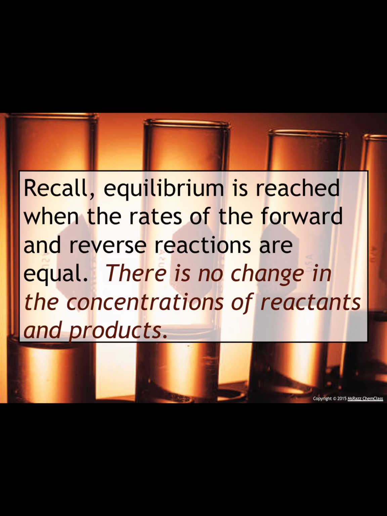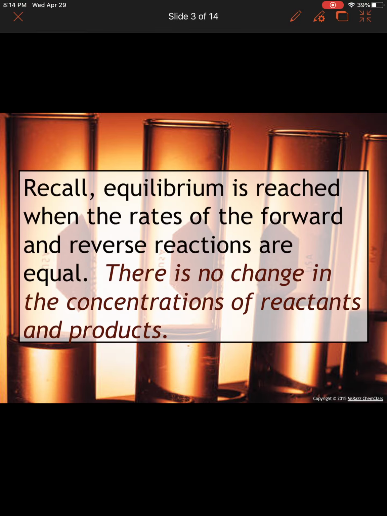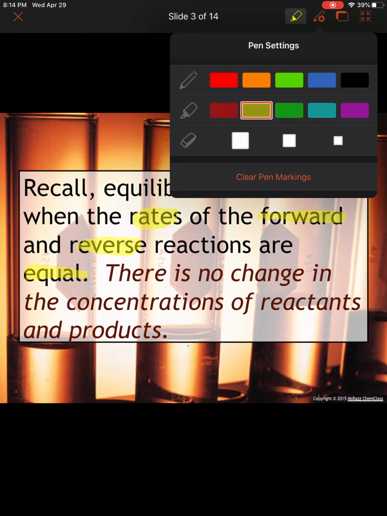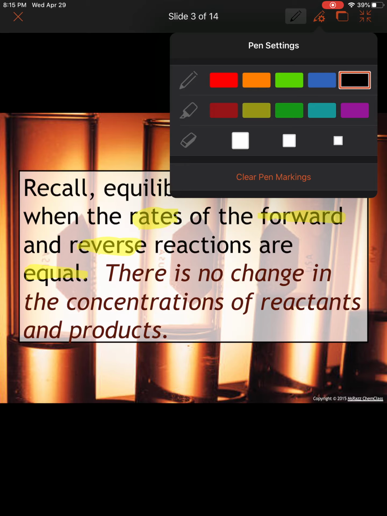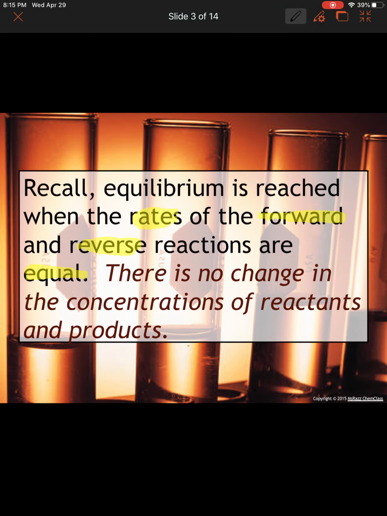So recall from last week's intro video that the equilibrium of a reversible reaction is reached when the rates of the forward and reverse reaction are equal. I did see some students that might have gotten a little confused with this part, but we're not talking about the actual concentration values.